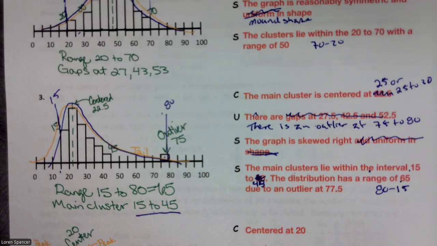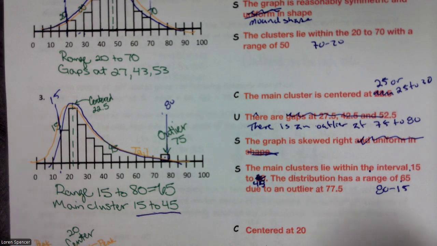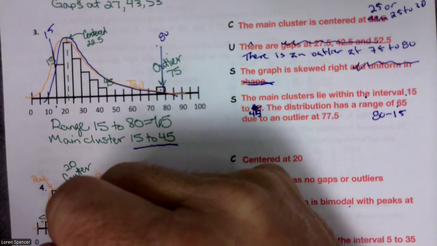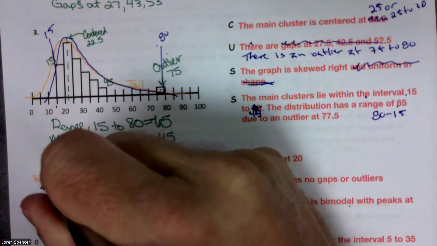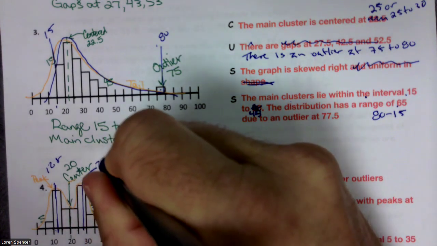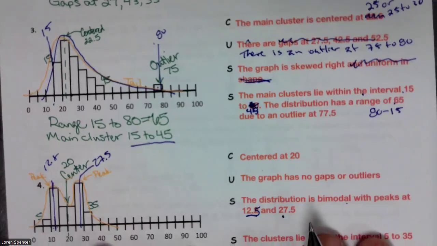The bimodal distribution has peaks between 10 and 15, so 12.5, and between 25 and 30, so at 27.5. So we have a peak right here at 12.5, and then a peak right here at 27.5.